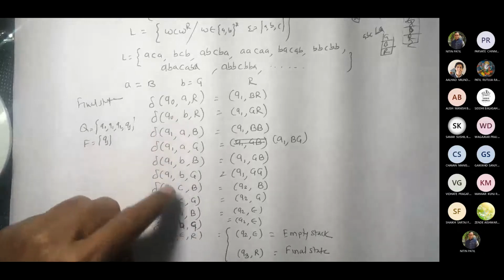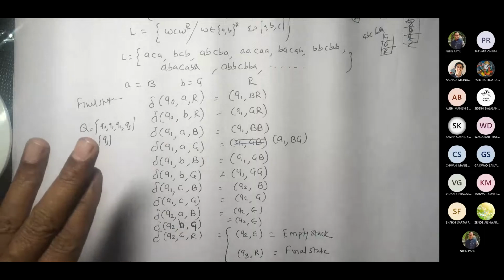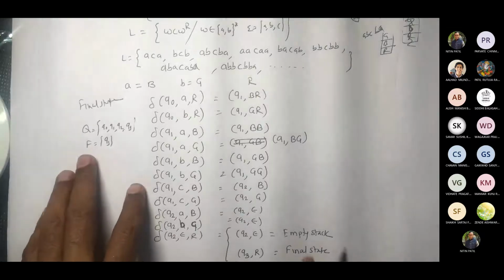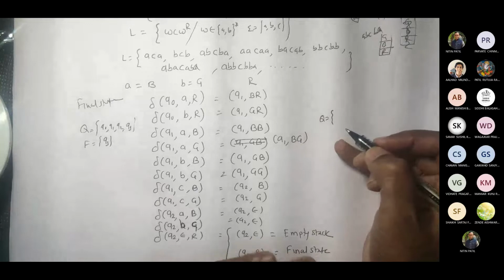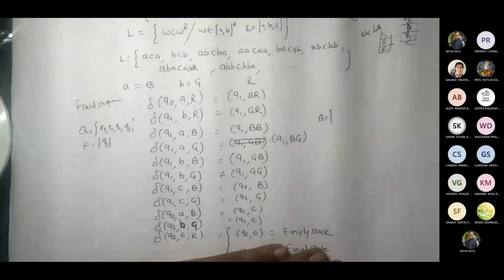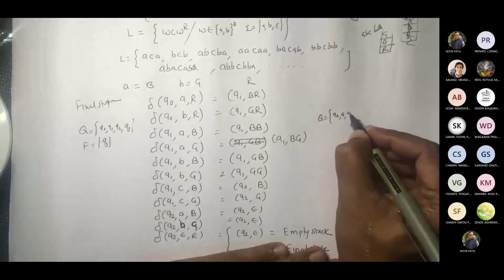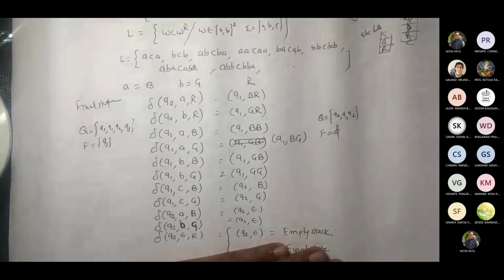My tau would be RGB, R would be R, Q0 would be Q0, sigma would be ABC. Correct. That's what we have given. Now for final empty stack, it would be like this. So Q would be, now if I don't see this, how many states are there? Only 3. So Q0, Q1, Q2. Correct. And F is empty.